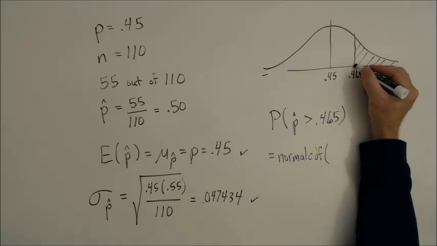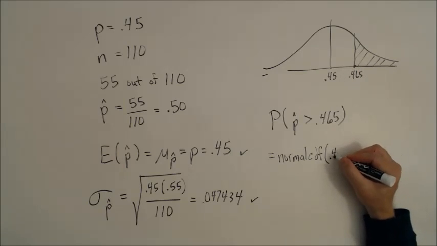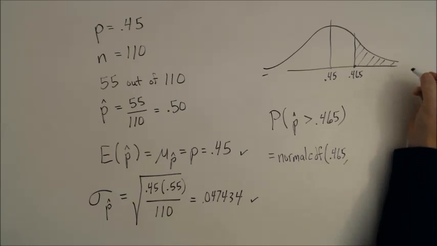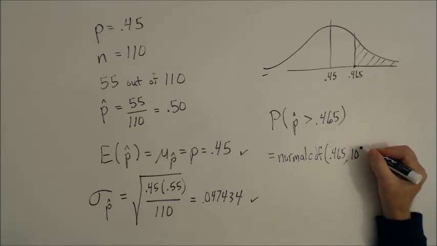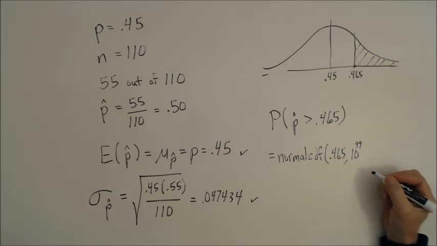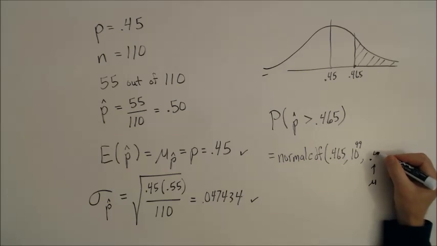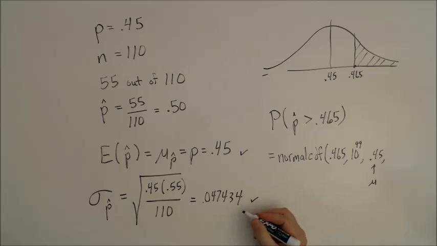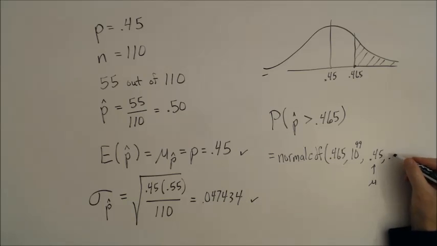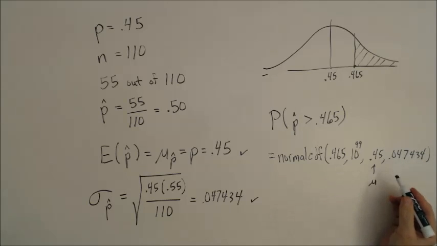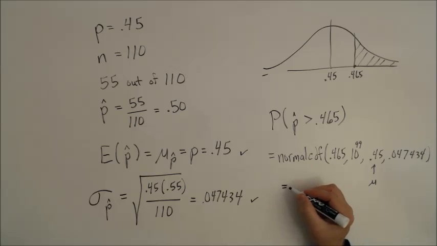For the interval with left endpoint at 0.465 and extending out to infinity, which we've called 10 to the 99th power, now specifying the mean of 45%, as well as the standard deviation we computed to be about 0.047434, we can make this calculation on our calculator. Make the calculation yourself.